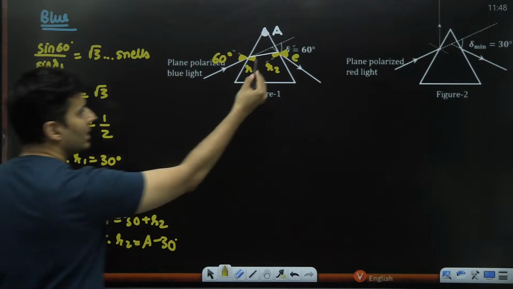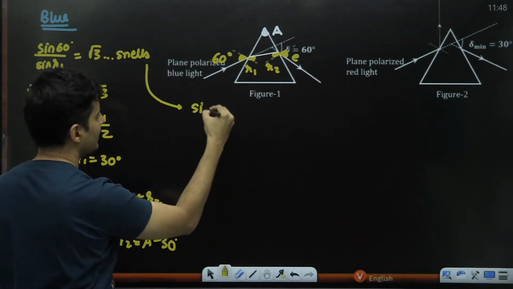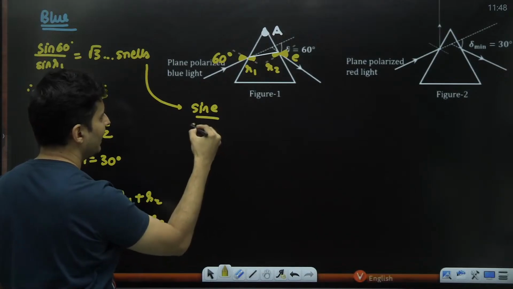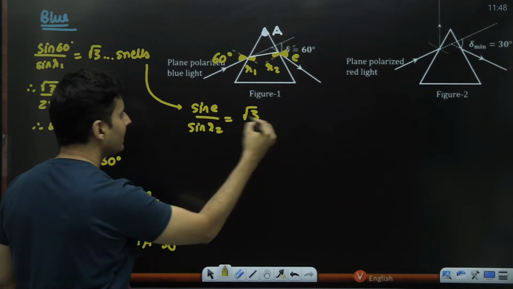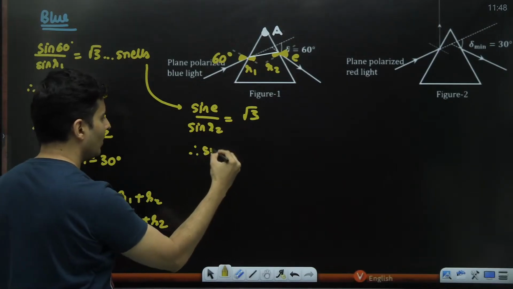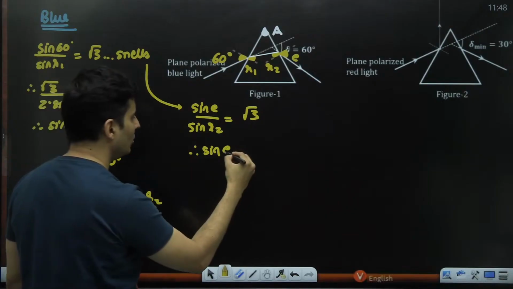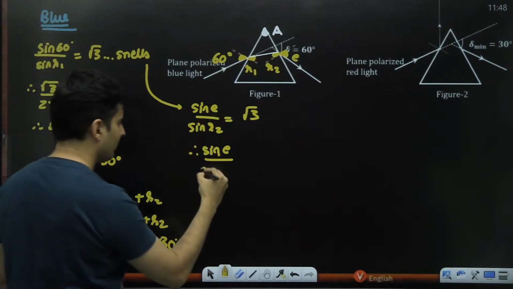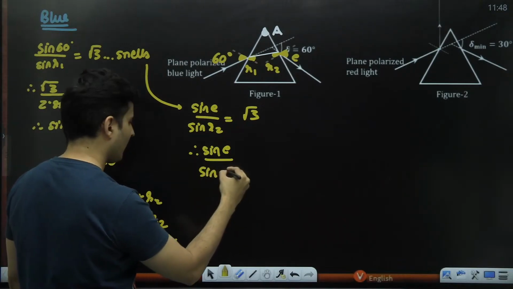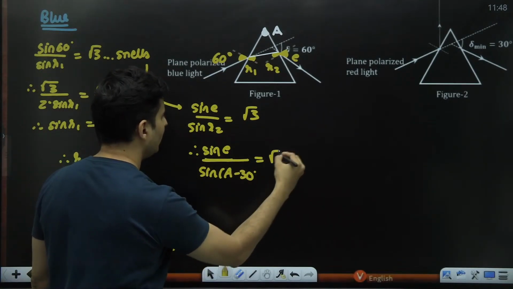Now again using Snell's law, we can say sine of the emergent angle by sine of R2 will be the refractive index. So sine of that emergent angle we do not know. Okay, sine of R2 is nothing but sine of (A minus 30 degrees), equal to root 3.